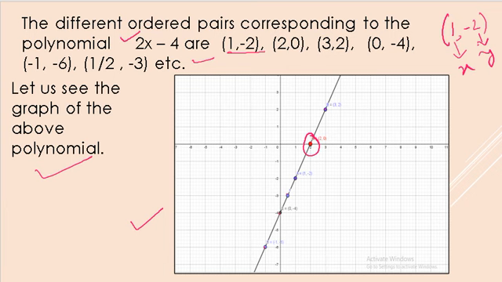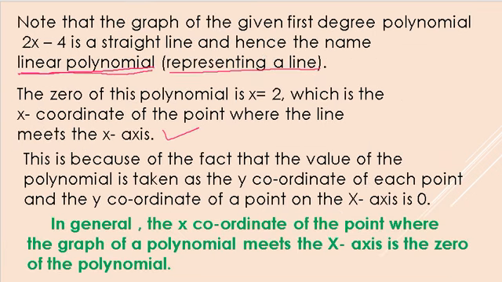X equal to 2 is the x coordinate of the point where the line meets the x-axis. This is because of the fact that the value of the polynomial is taken as the y coordinate of each point, and the y coordinate of a point on the x-axis is 0.